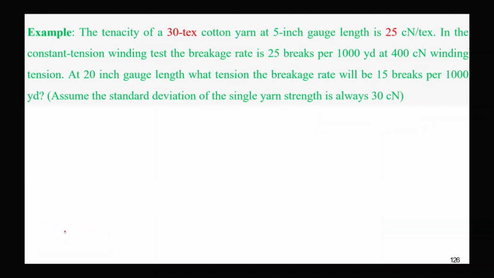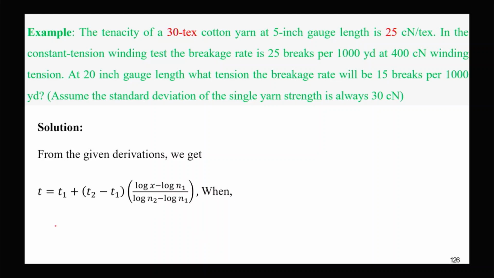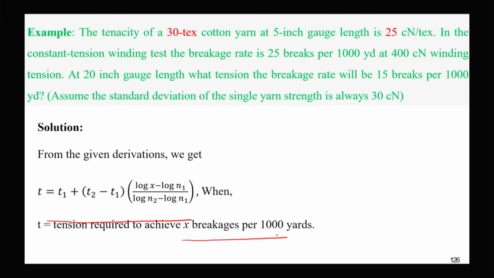Now let us try to solve this numerical step by step. First, the derivation is given here. From this derivation, T is the tension required to achieve X breaks per 1000 yard, and T1, T2 are the tensions at which the tests were performed.